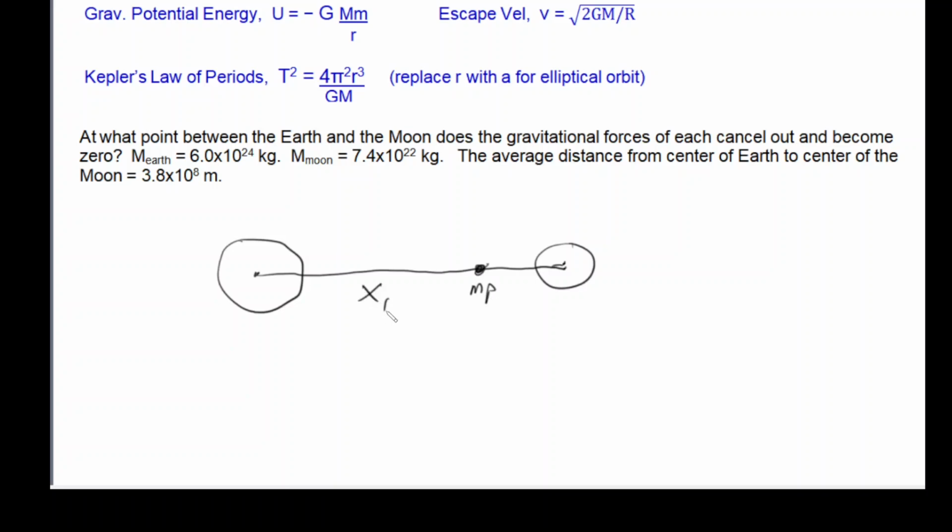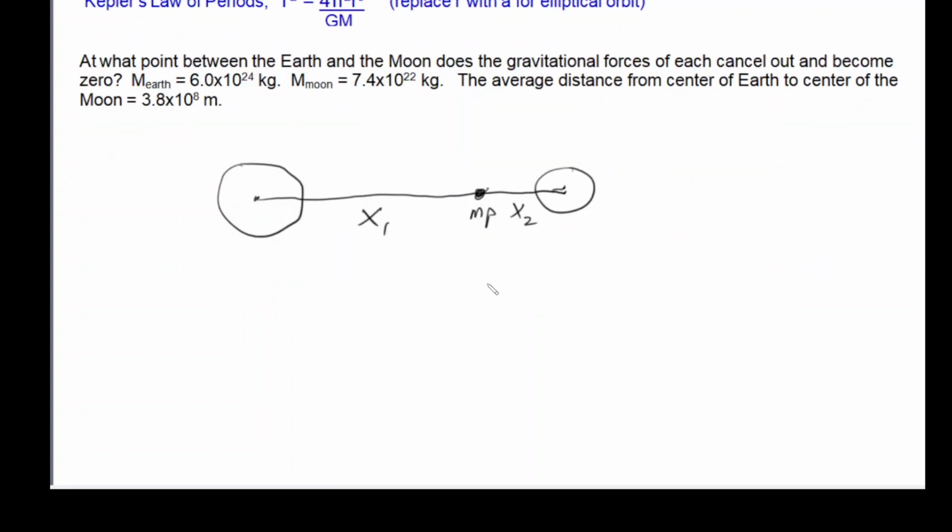We'll call the distance to the center of the Earth x1 and the distance from the center of the Earth to the Moon x2. We want to know when the gravity is balanced or equal between the two, such that the force on us is zero. So that means the force of gravity from the Earth has to equal the force of gravity from the Moon.